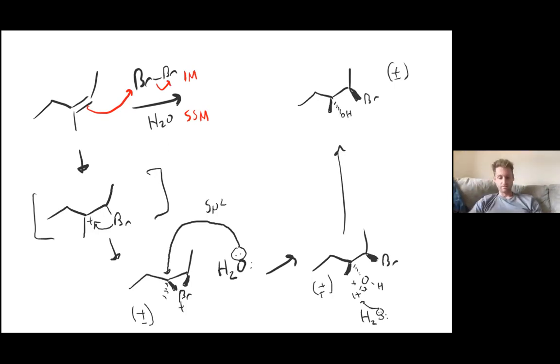Our OH ends up at our more substituted position. Our Br ends up at our less substituted position. So looking at this product here, the secondary position has this Br, tertiary position has the OH.